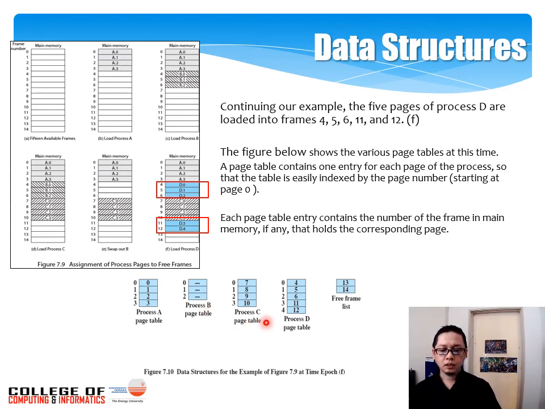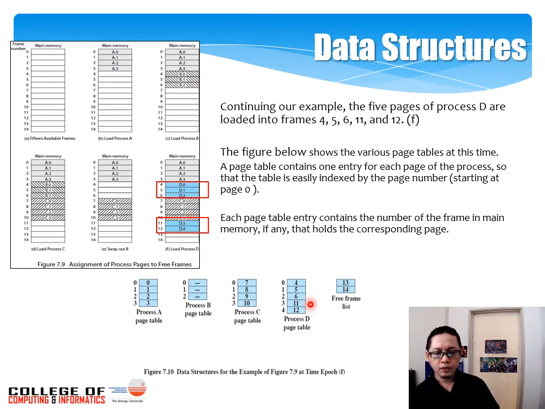Process C's page table will contain information that tells the processor that currently process C is using these memory frames. We cross-reference this and see that process C is currently in frames 7, 8, 9, and 10, which is reflected in this diagram.